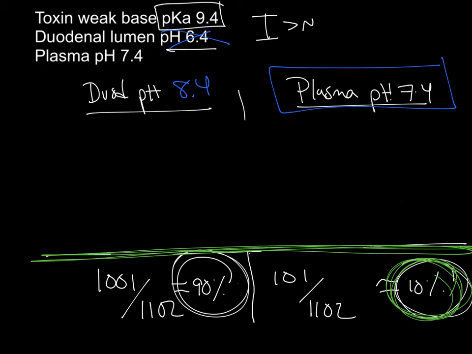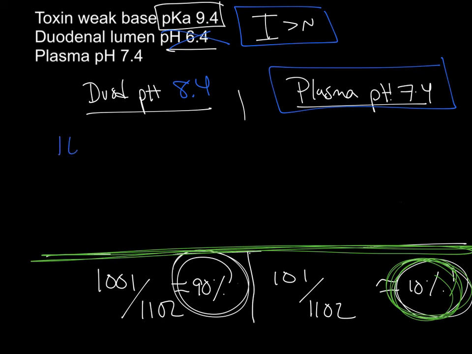Now notice how much closer that is to the pKa. If this duodenal pH was 9.4, then we know it would be 50% ionized, 50% not. This is still slightly more acidic than the pKa of the drug, so we know that the ionized will still predominate.